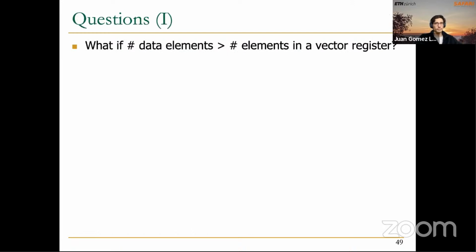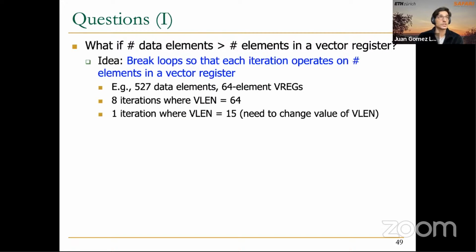So now one question here is, what if the number of data elements is greater than the number of elements in a vector register? So for example, imagine that we have 527 data elements, but the size of our vector registers is only enough for 64 elements, right?